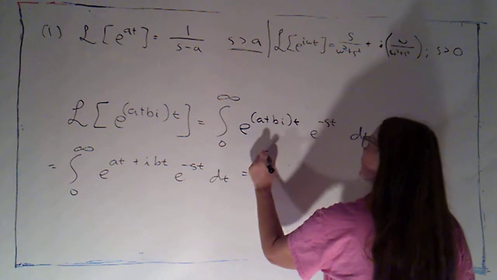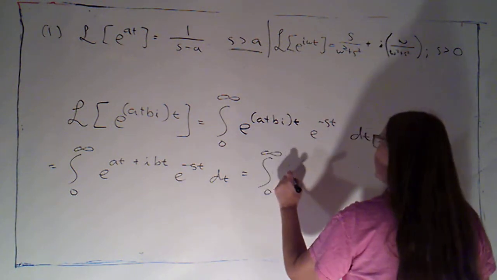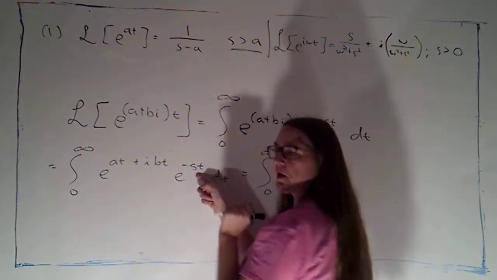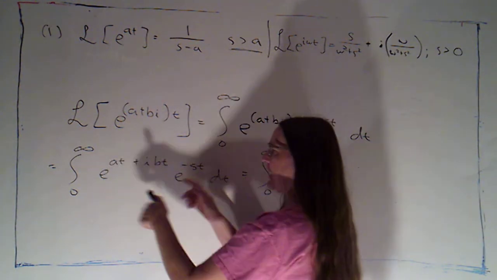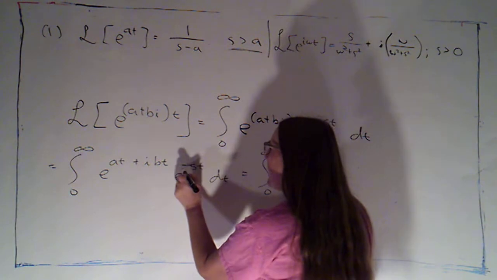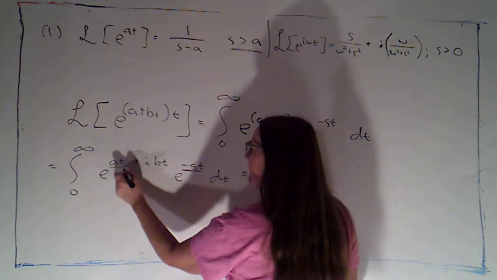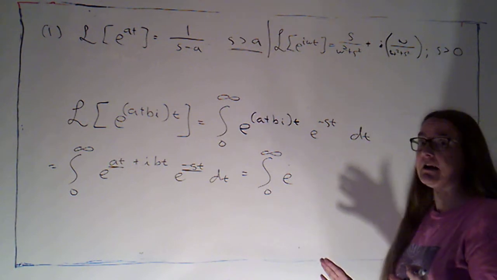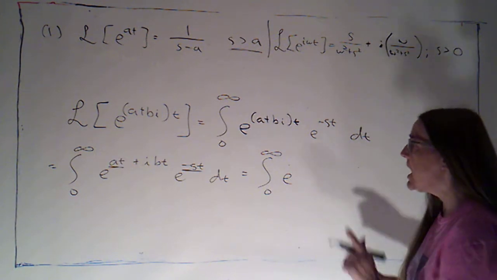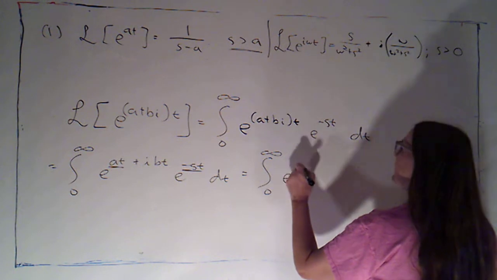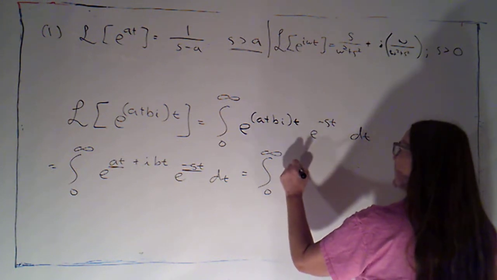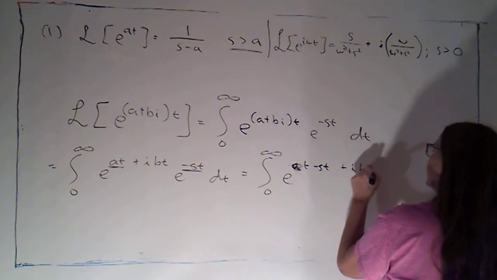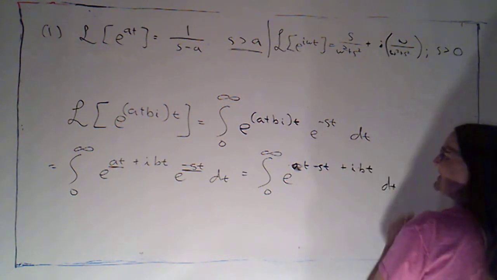And that's the integral from 0 to infinity of e to the, now I know I can just combine all of these exponents, because when I'm multiplying I would just add the exponents. This is real, and this is real. Because remember, our variables t and s, we're not allowing them to take on complex values. Okay? So I'm going to get e to the at minus st plus i times bt dt.